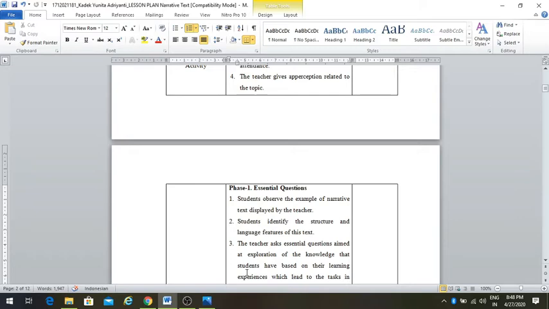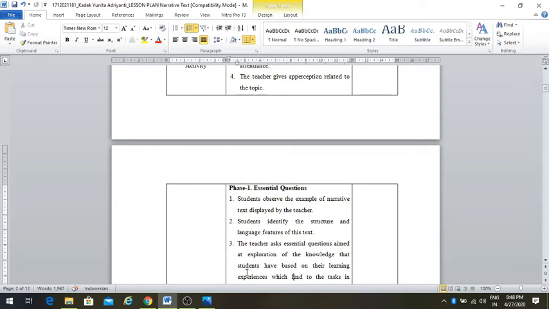It doesn't mean that the teacher will explain directly the definition of the language features or the structure of the narrative text.